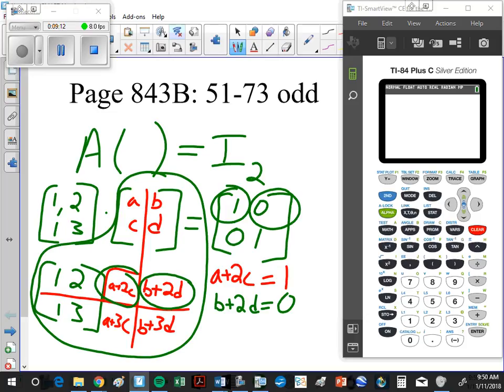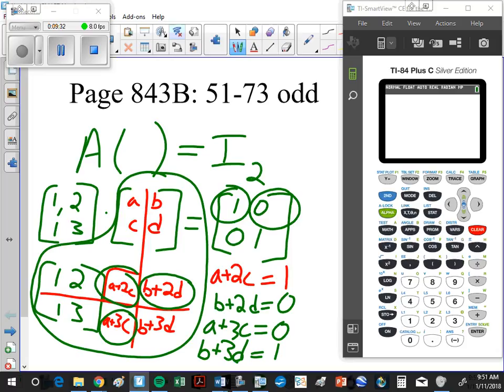Okay, what else? A plus 3C is equal to 0. And B plus 3D is equal to 1.